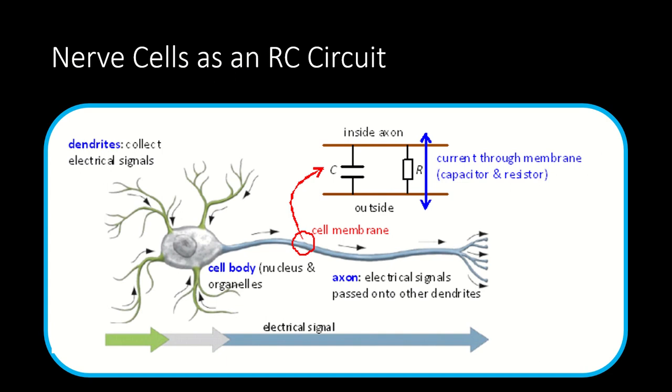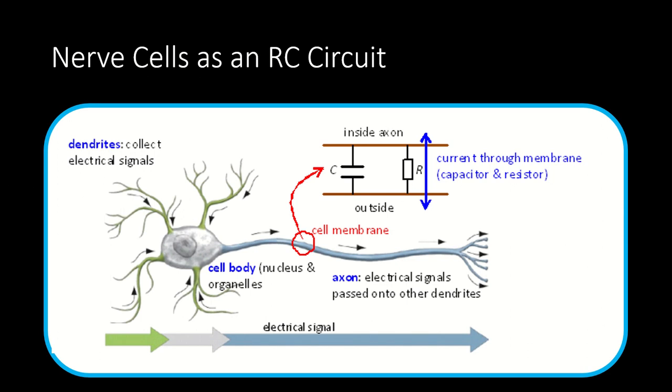Our capacitor in this case is going to be the cell membrane of our nerve cell, which is very excellent at separating charge between the outside of the cell and the inside of the cell. Resistors can be ion channels that allow ions to flow from the outside of the cell to the inside or reverse. In this case, we're looking at axon channels, which allow flow between the outside and the inside of our axon.